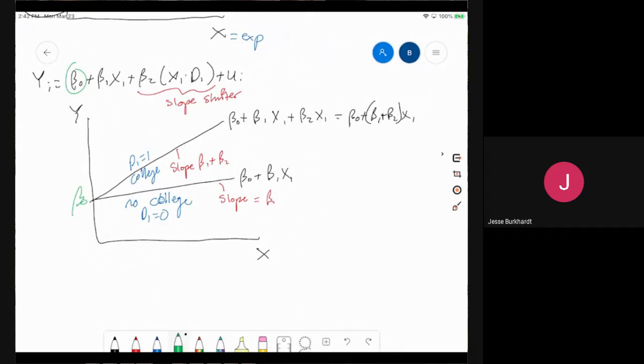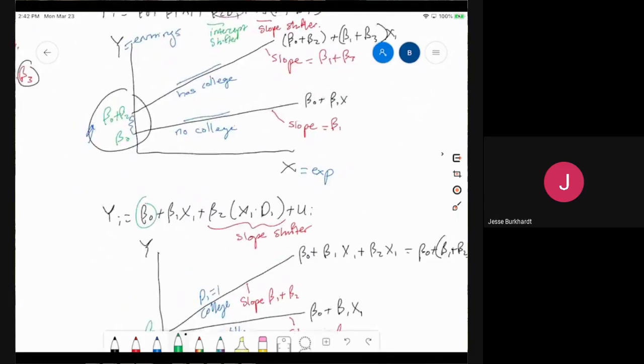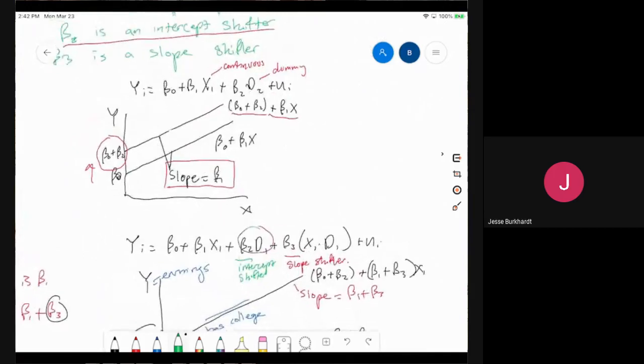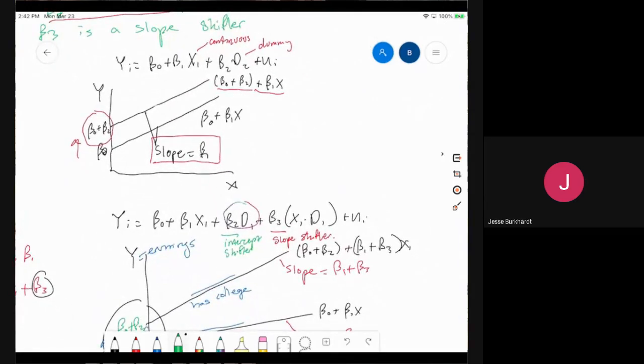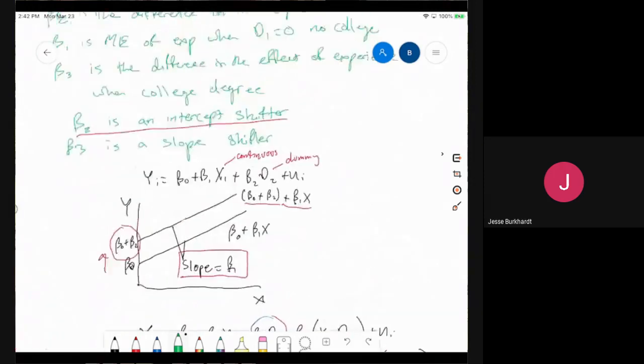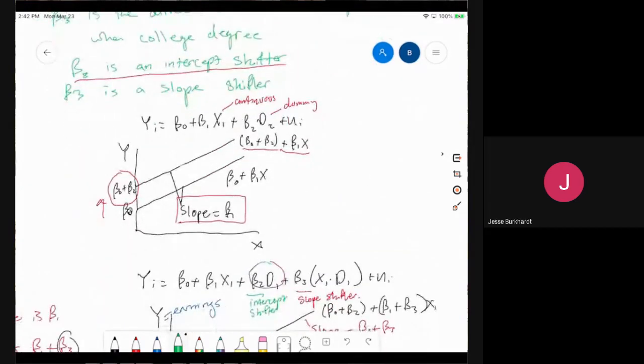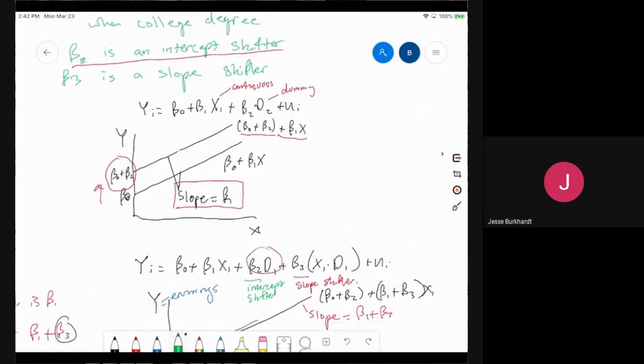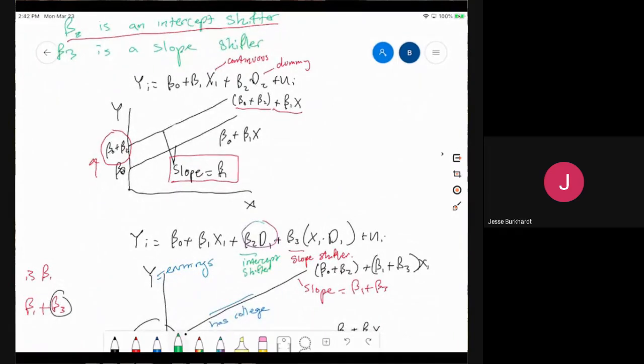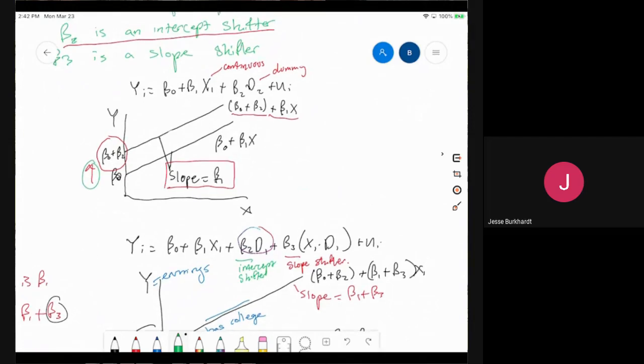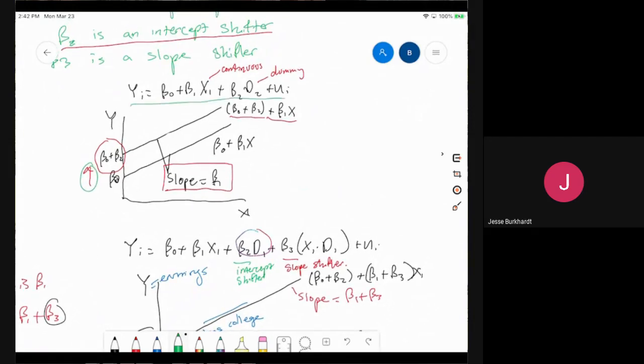Okay, we have 3 examples. We have one with no interactions. We're always working with one continuous variable and one dummy variable. We know that this dummy variable is always going to be an intercept shifter. So if the dummy variable is included in the model by itself, it's going to be an intercept shifter, this here. And so with a model without an interaction, we're left with 2 parallel lines with different intercepts.